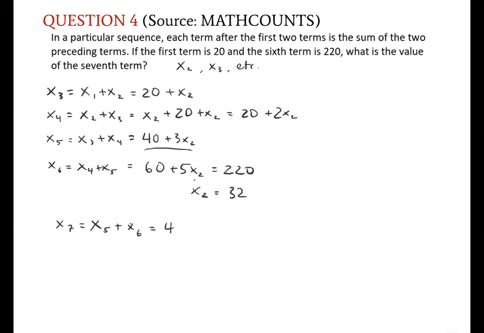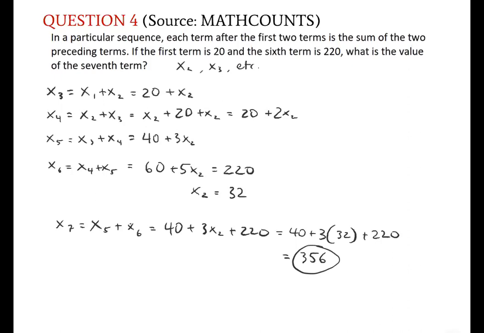Well, we just actually need 40 plus 3x2 plus 224. And now we can substitute in our x2. So 40 plus 3 times 32 plus 224. And we can find that the seventh term will be equal to 356. That's your answer.